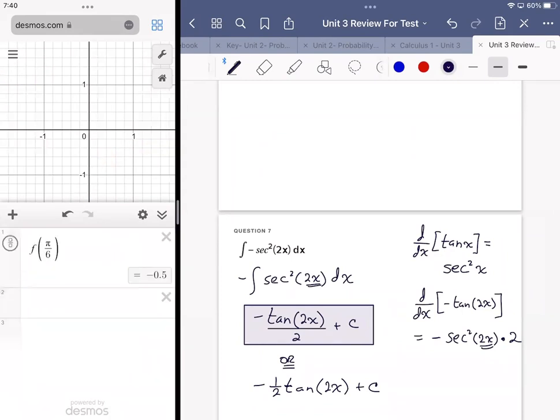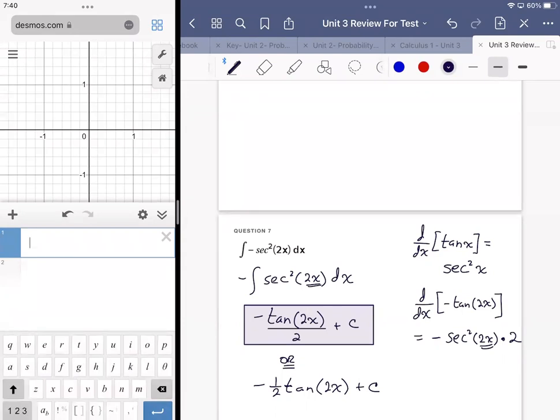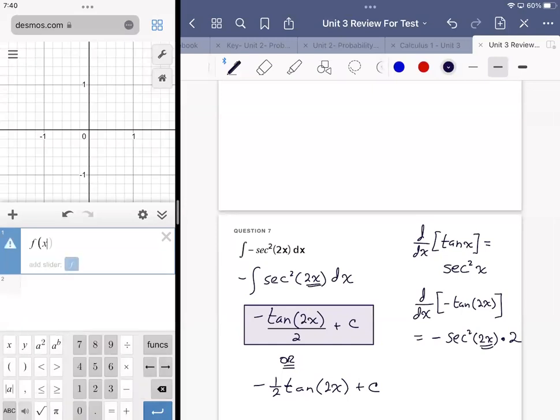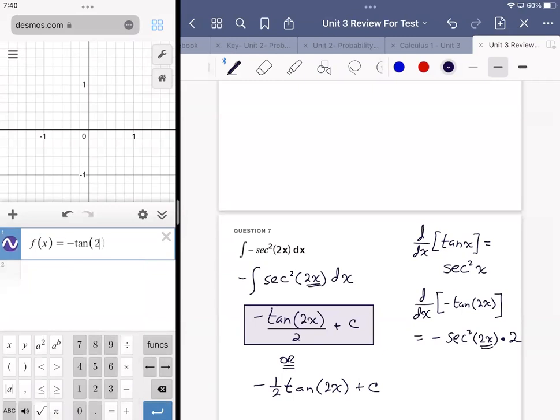Another way to handle that would be on Desmos. If you suspect that the antiderivative of negative secant squared 2x is just negative tangent 2x, you can put that in: f of x is equal to negative tangent 2x.